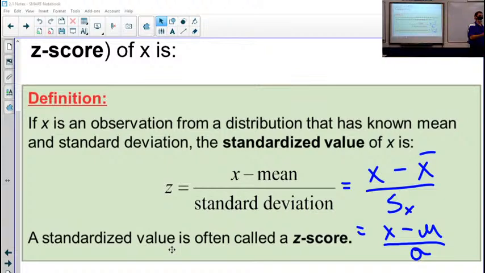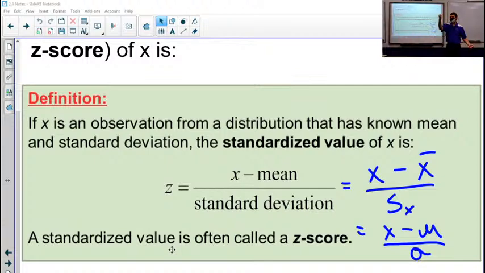The interpretation of a z-score is how many standard deviations, your measure of spread, like the average distance from the mean, you are away from the mean.